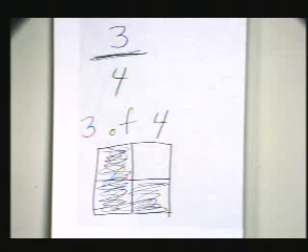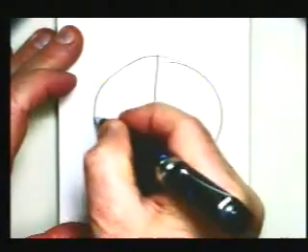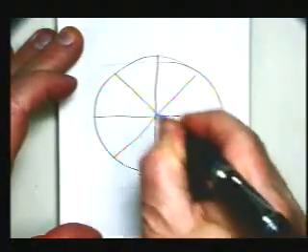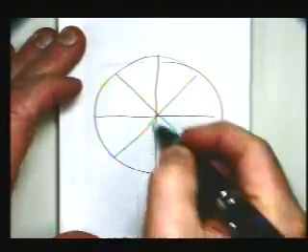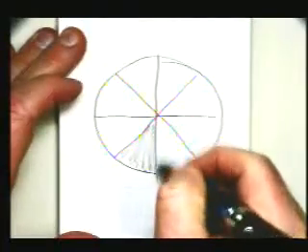So when they say 1/7, they say 1 of 7. When they say 1/8, they say 1 of 8. So if you take a look at a pizza and you divide that pizza up into 8, 1/8 of a pizza, in Chinese they say 1 of 8.